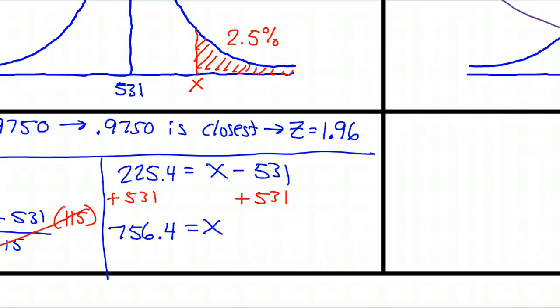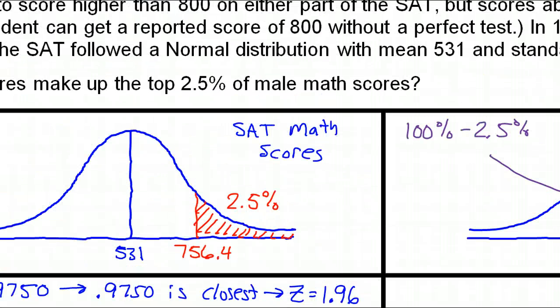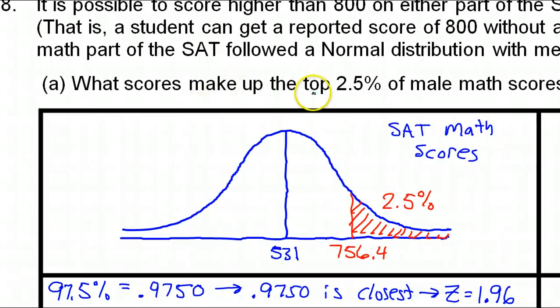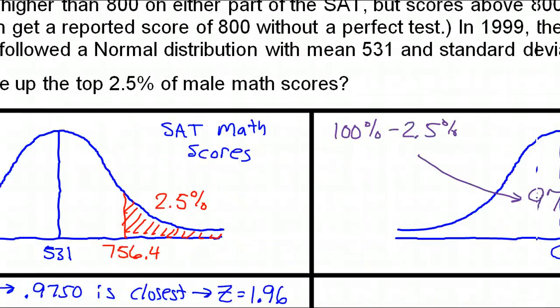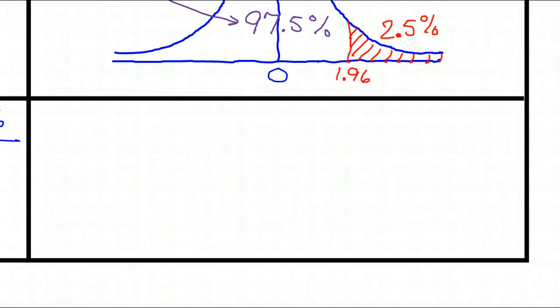Okay, I'd like to put this on the picture though. This is 756.4. So the question was, what scores make up the top 2.5% of male math scores? So I'm going to start off by reflecting the question as part of my answer.